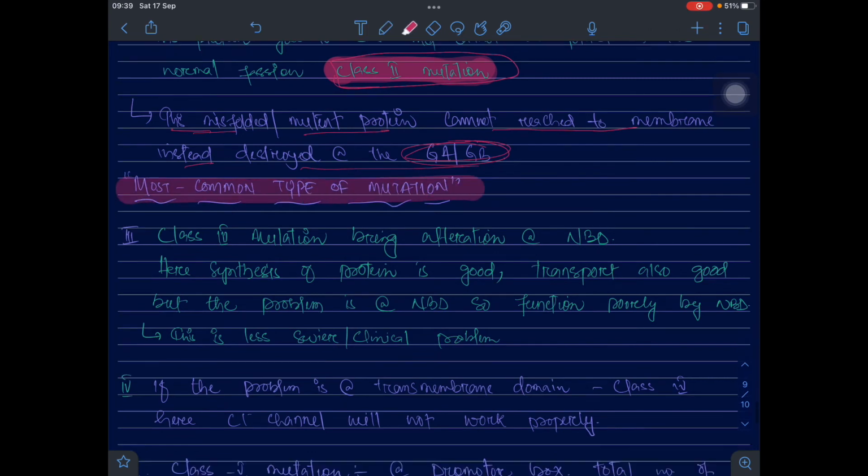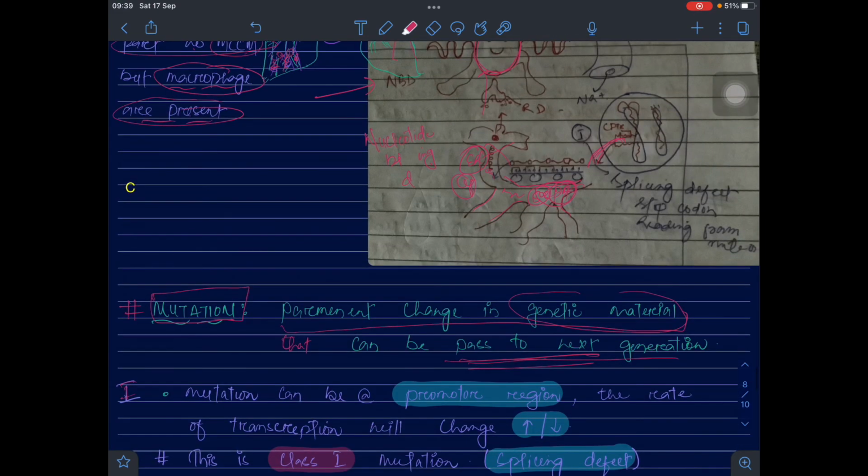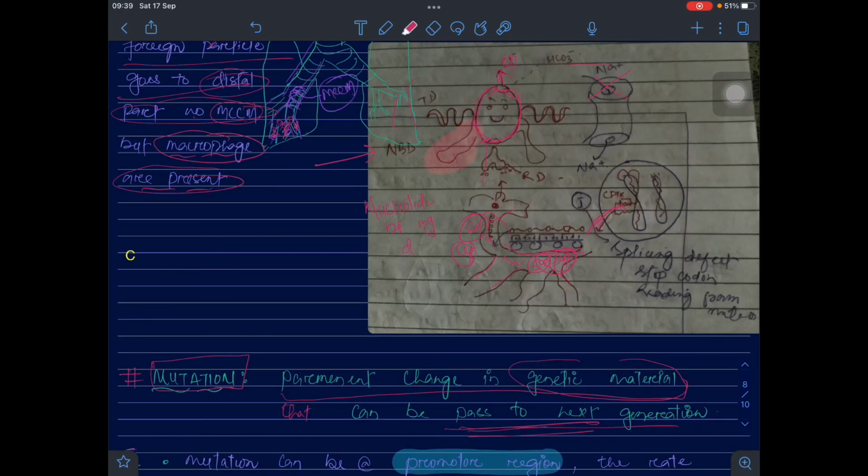Okay, in the next one let's look at what the class 3 mutation is. Class 3 mutation brings alteration at the NBD, meaning nucleotide binding domain. Okay, in this picture we see the nucleotide binding domain is here, on the membrane.